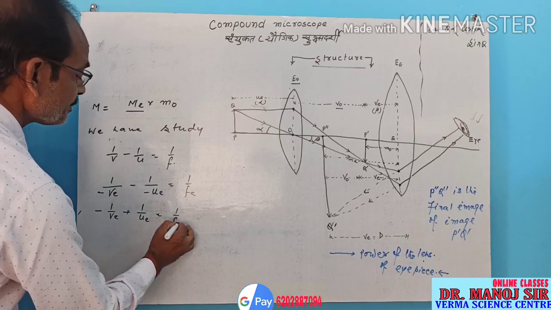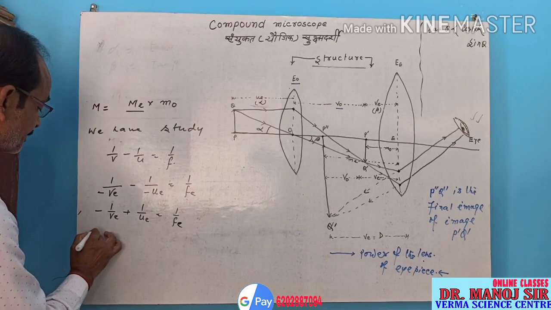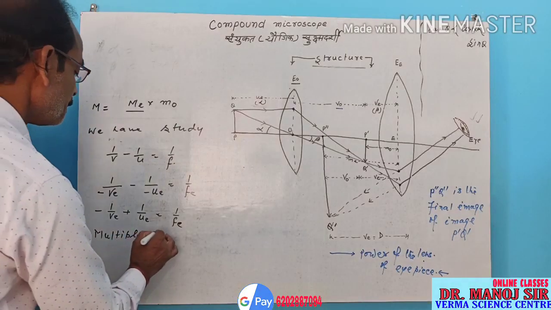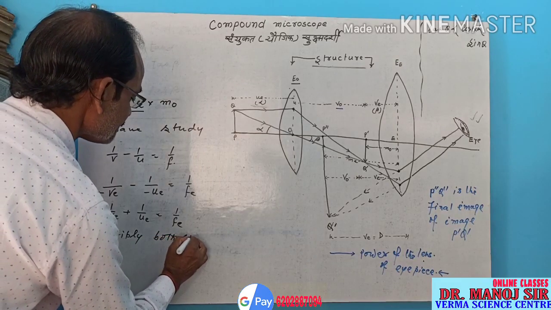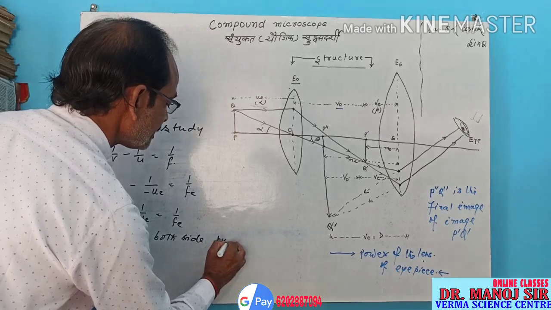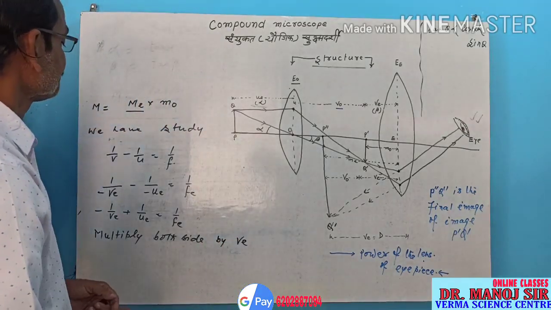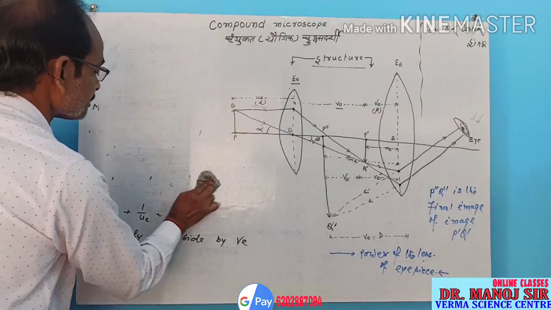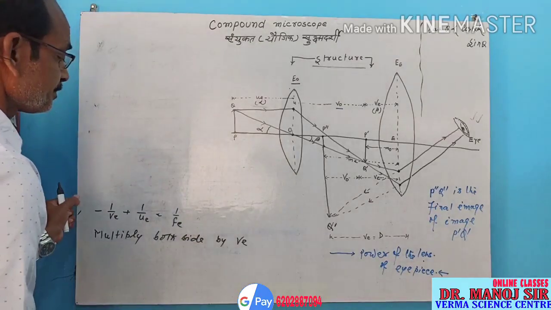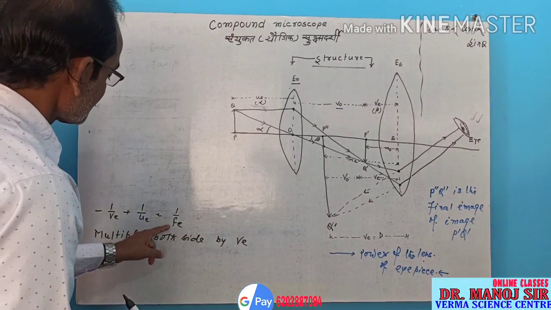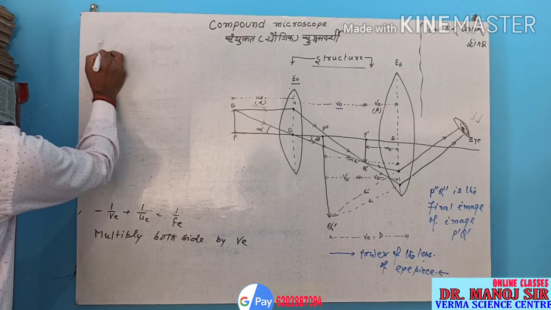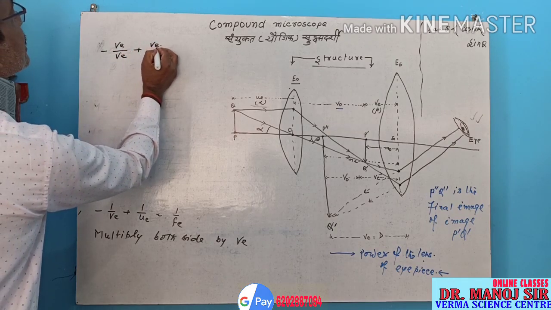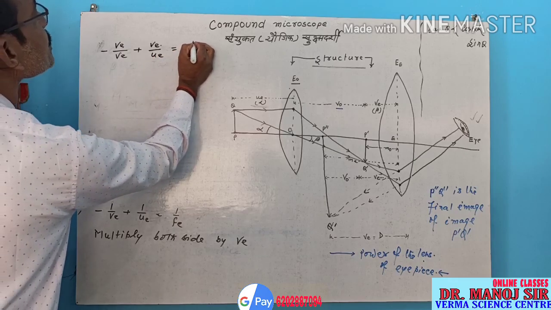Multiply both sides by VE, then this relation becomes minus VE by VE plus VE by UE equal to VE by FE.